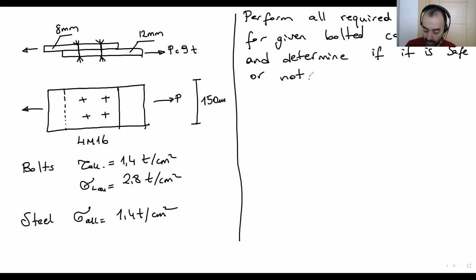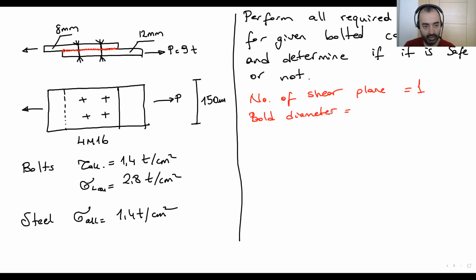Okay, let's do it. Before starting this calculation, let's find the number of shear planes. There is only one touch surface, so the number of shear planes is 1.